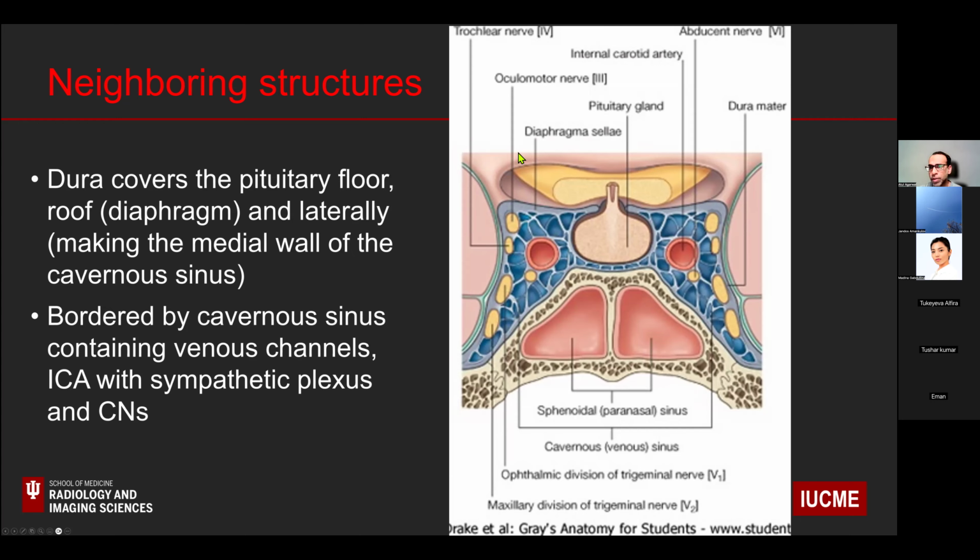So important to note, the third and fourth cranial nerves, V1, V2, actually are along the lateral border of the cavernous sinus, and the sixth cranial nerve, abducens, is in the substance of the cavernous sinus, very close to the cavernous ICA. And I'm showing this to you on purpose so you understand why, when there's invasion of the cavernous sinus by a mass, you can have cranial neuropathies. So very important concept to understand.